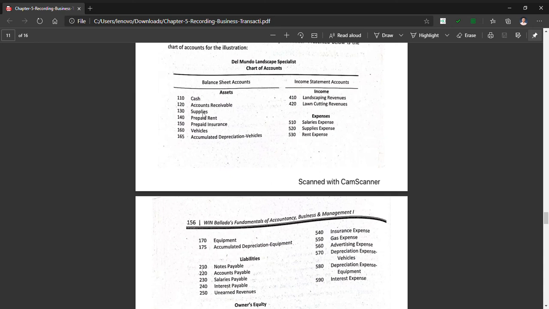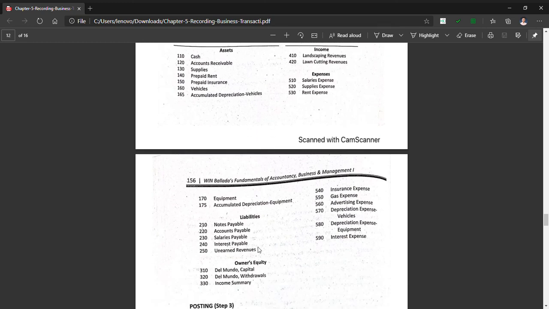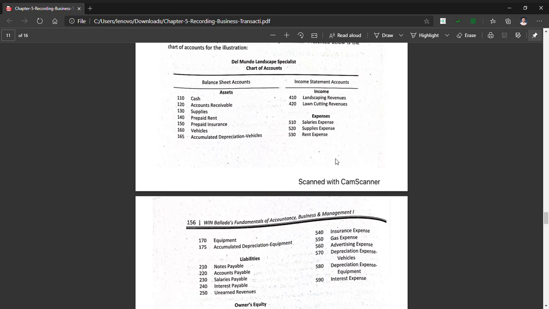So, typically, assets will begin with the number 1. Kaya number 1 lahat dito. Liabilities, number 2. Owner's equity, number 3. Tapos, yung income, number 4. And expenses, number 5. Tapos, yung susunod, yun na yung specific sa every type of account.